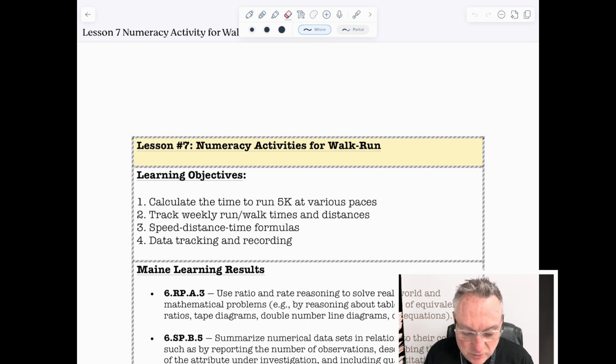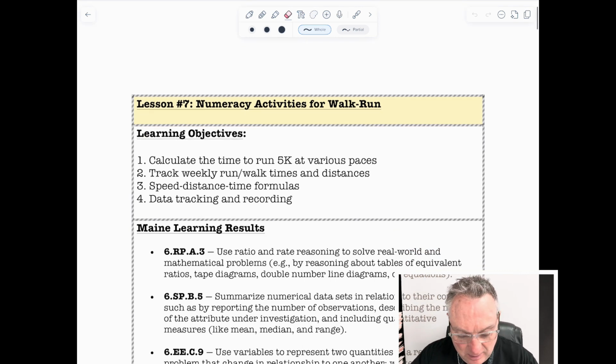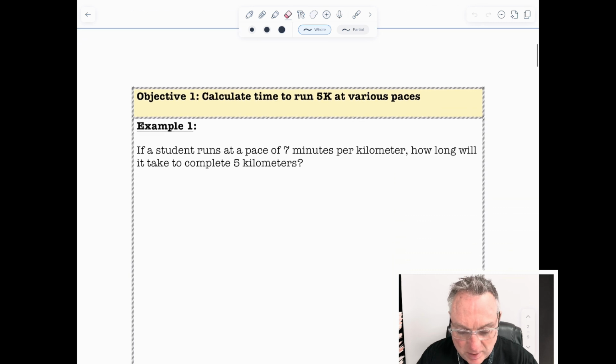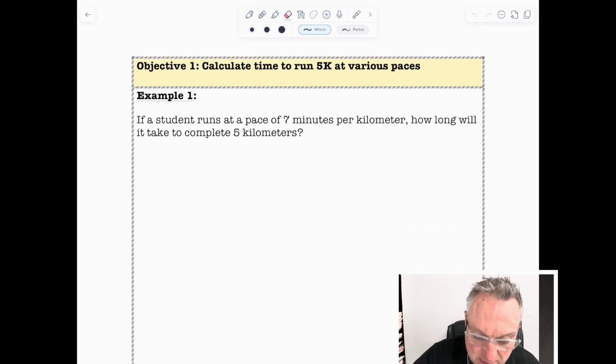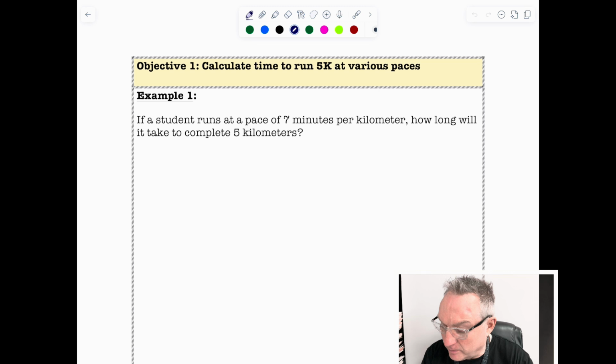So we're going to be looking at pace, calculating distance, tracking our time here for our races. So the first problem we're going to look at, we're going to calculate the time to run a 5K at various speeds. So we're going to use this handy little formula where we calculate the time.